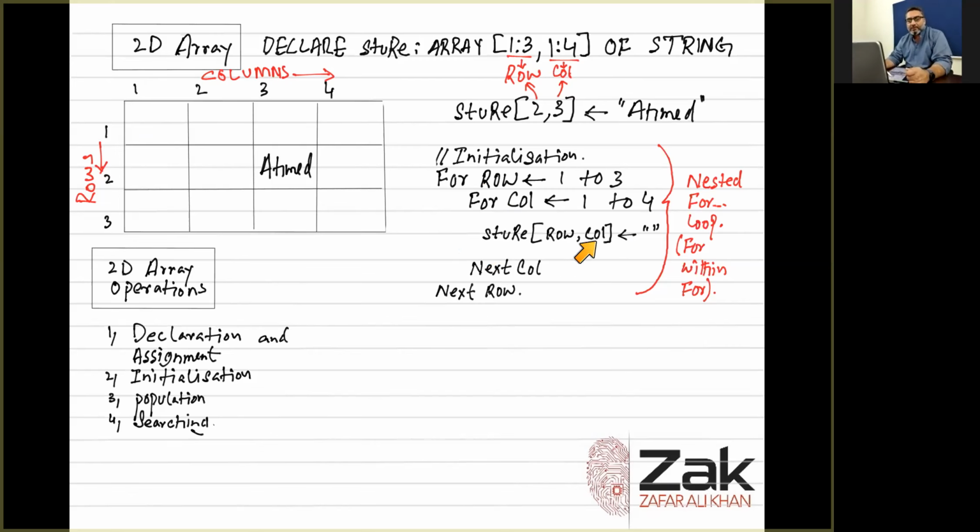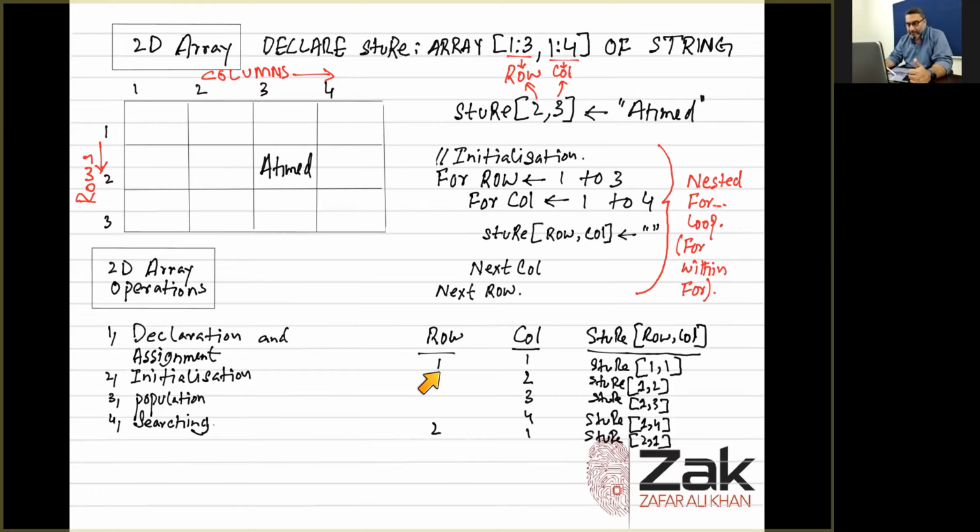So row 1, column 1 initialized. Row 1, column 2, initialized. Row 1, column 3, initialized. Row 1, column 4, initialized. And that is how the whole initialization happens with the help of nested loop. So in the first loop, row is 1 and then column goes from 1 to 4.